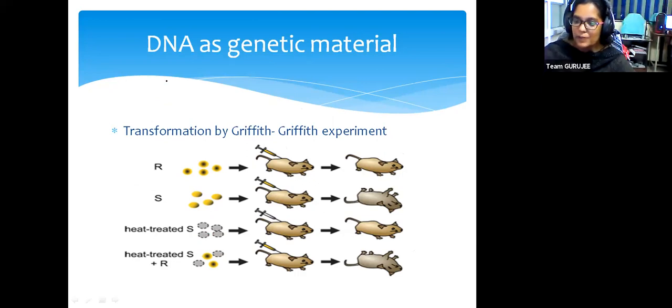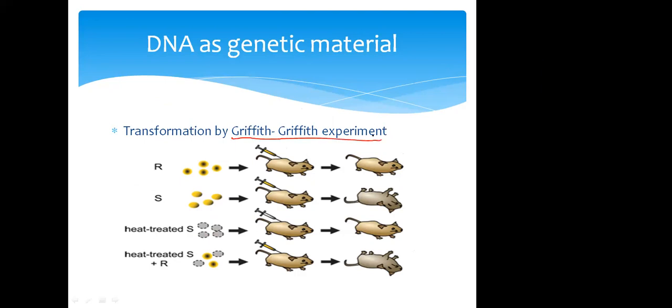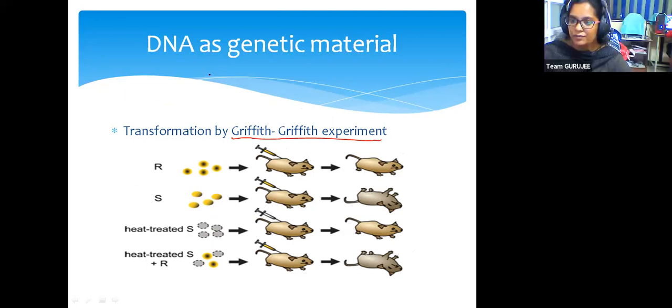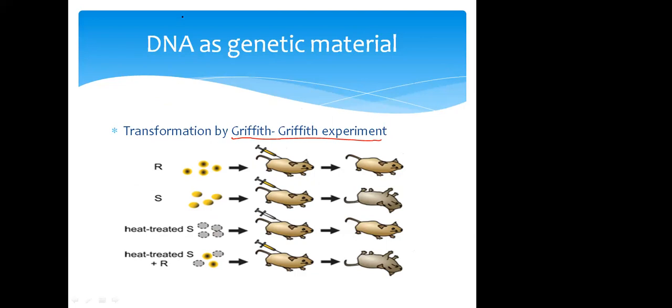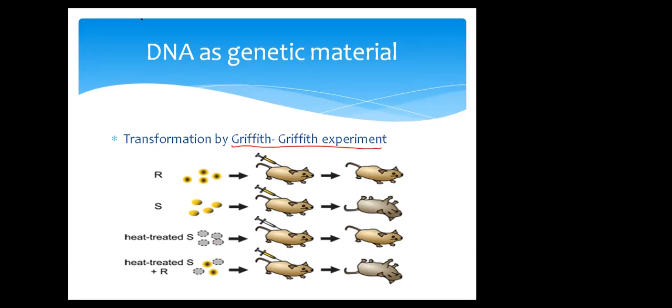Do you know this experiment, the Griffith experiment? Ajit? Kumar? Yes, ma'am. What are they doing? To find whether the DNA is a genetic material or not, and whether it gets transferred from one to another or not.